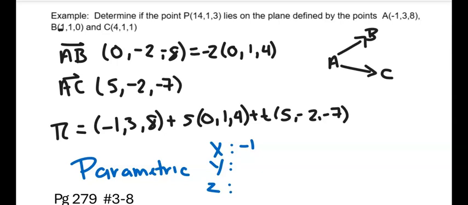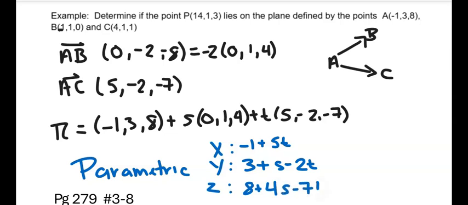The x is starting at -1, the y is starting at 3, and the z is starting at 8. And then x is not moving in the S, but it is moving 5 in the T. y is going 1 in the S and -2 T's. And then 4S and -7 T's.